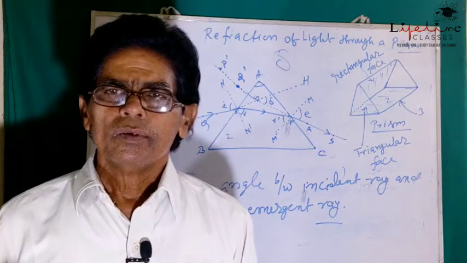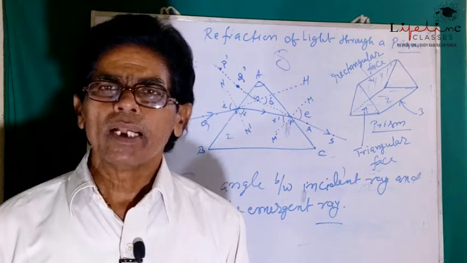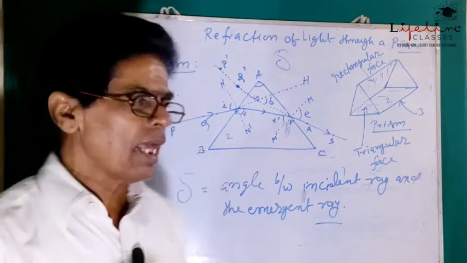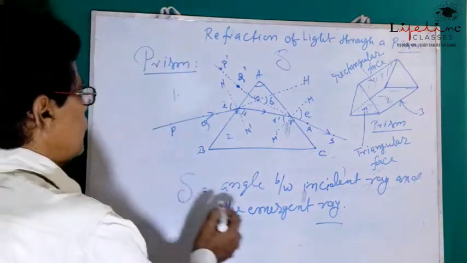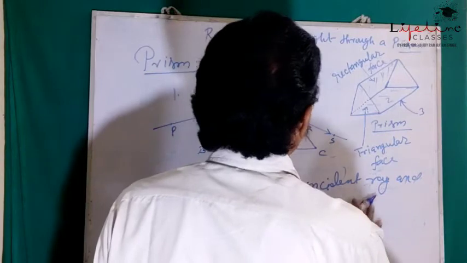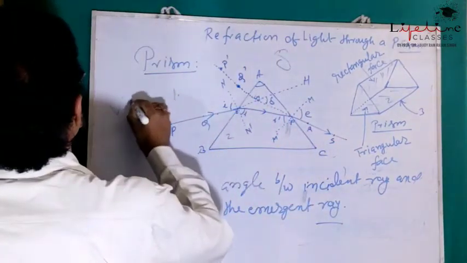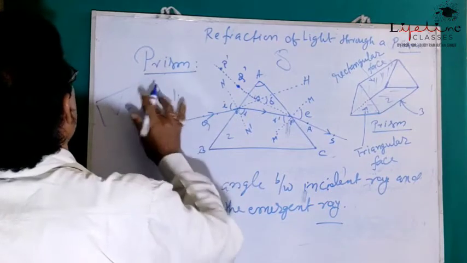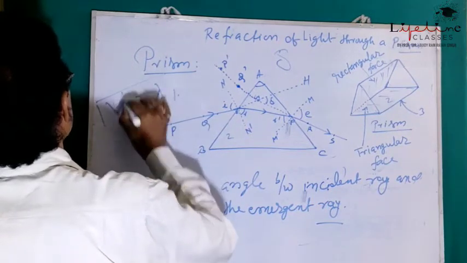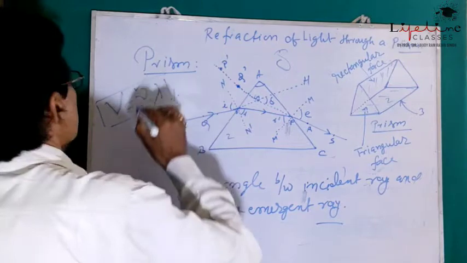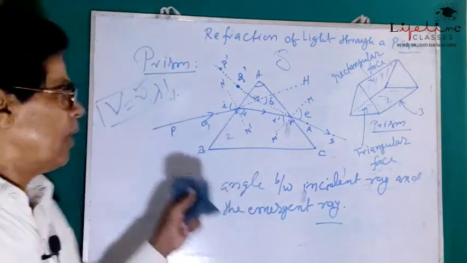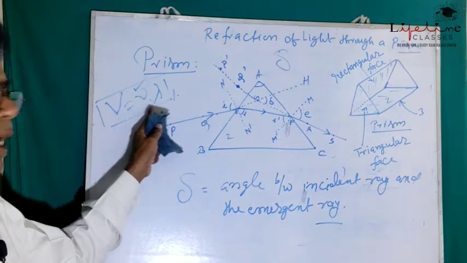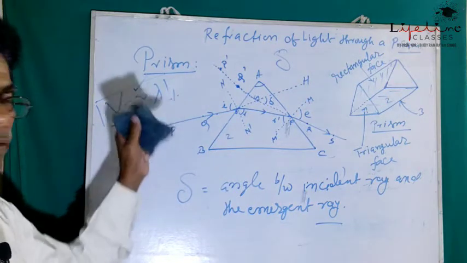We know that there is a relation among wavelength, frequency and velocity of light like this: V equal to nu lambda, where V is the velocity of light, nu is the frequency and lambda is the wavelength.